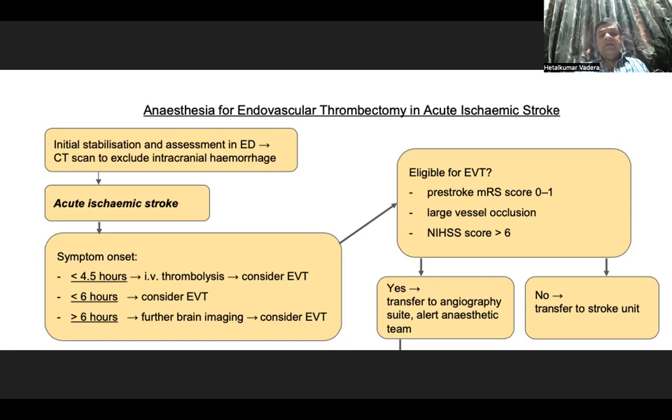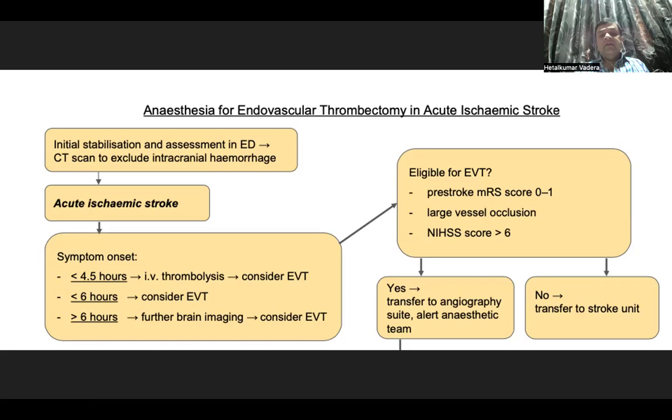If it is less than 4.5 hours, we can go for thrombolysis and consider endovascular treatment if required. If patient is not responding, if it is 4.5 to 6 hour, we should directly go to the endovascular treatment. And if it is more than 6 hour, we require some advanced imaging to consider endovascular treatment.